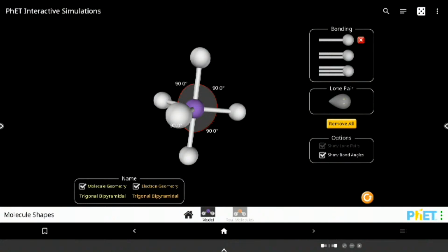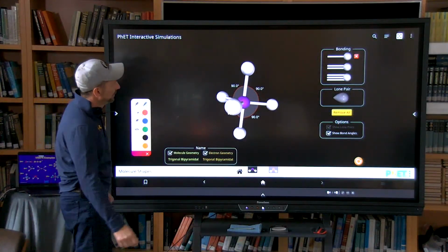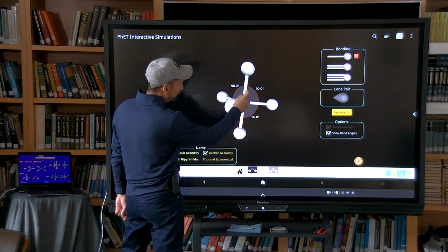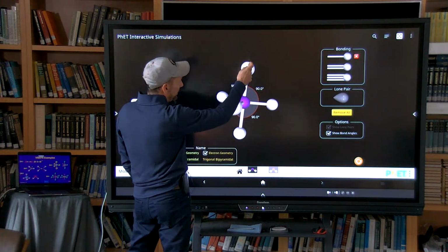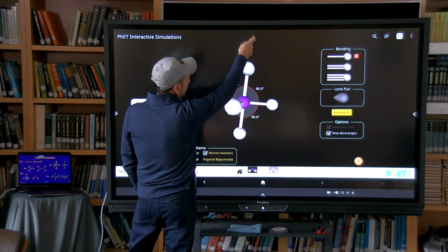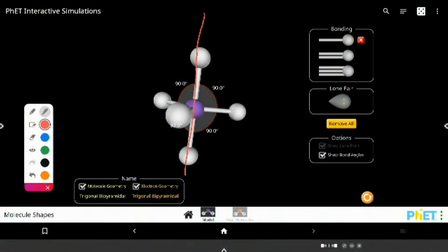So we have two kinds of positions there. I guess I could write that down. Here, that 90-degree bond angle, we have axial positions. So this is the major axis.